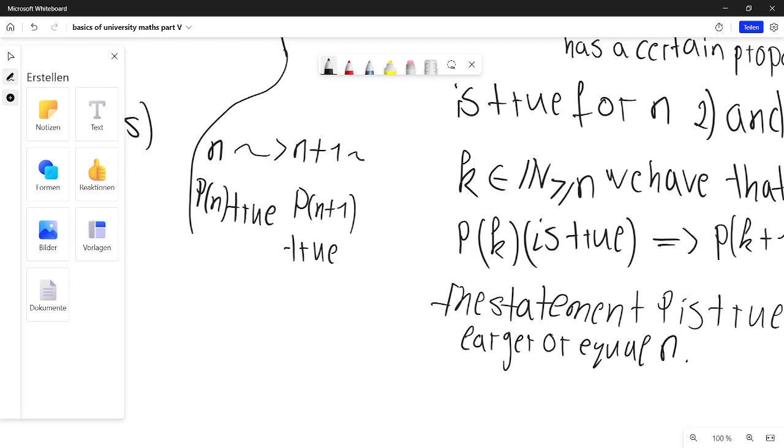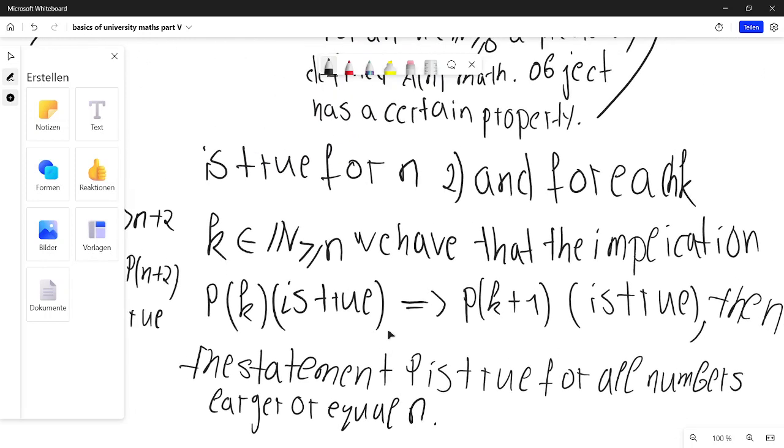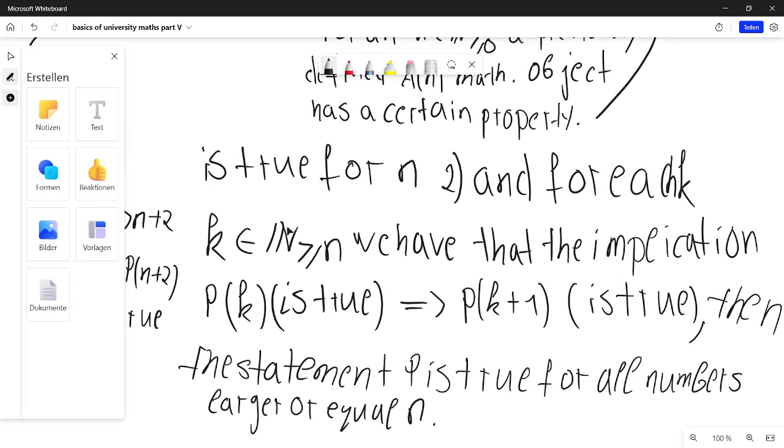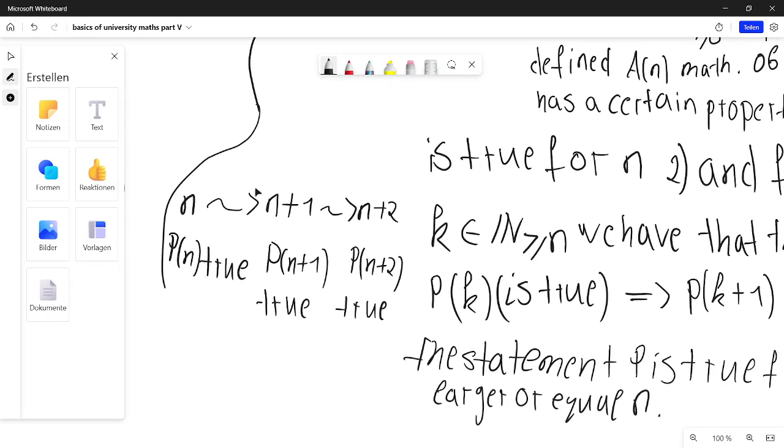No problem here. And now, if we have that truth, of course, we can go further. N plus 2, and P of n plus 2 is actually true too, because we stated that this is valid for each k bigger or equal n, and we are iteratively establishing all the truths, right?